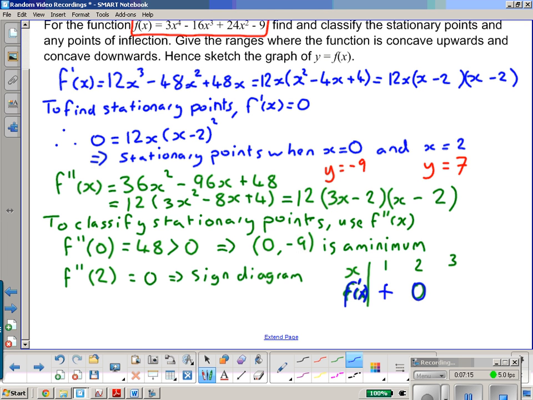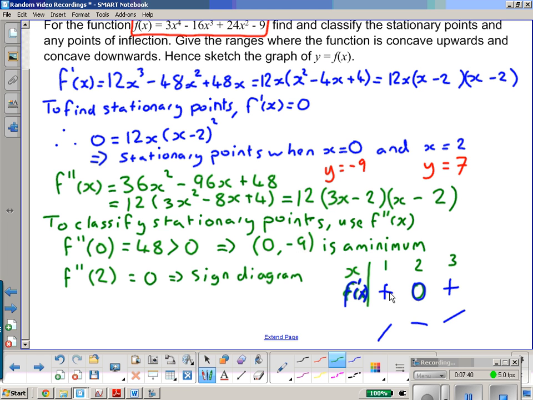We get 12 times 1 times 1 minus 2, which is minus 1, times 1 minus 2, which is minus 1. So minus 1 times minus 1 is positive. When we put 3 in, all the terms are positive, so we also get a positive. So that means that we have positive, 0, positive, so we've sort of got this shape going on, which means we've got a stationary point of inflection.